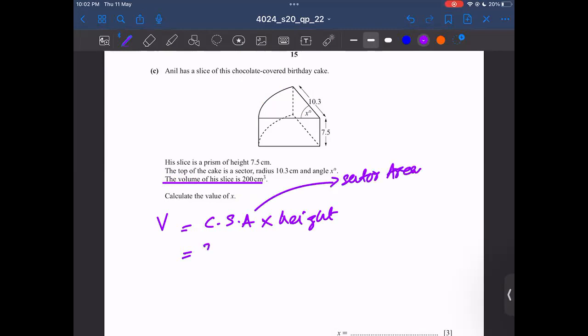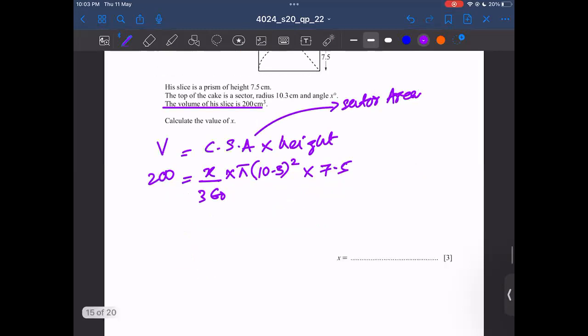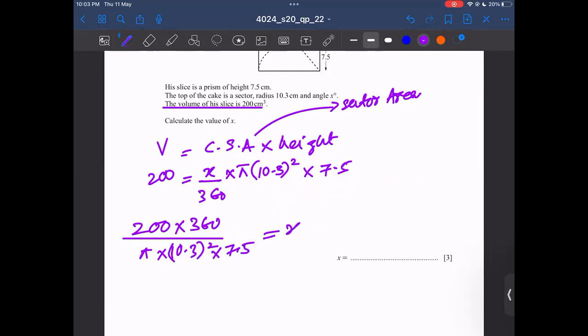The sector area formula is theta upon 360, where the value of theta is x, so x upon 360 multiplied by pi r square. The value of r is going to be 10.3. You've got the cross section area, multiplied by height 7.5. Volume over here is given as 200 centimeter cube. The only thing left is x. So we are going to cross multiply: x is 200 multiplied by 360 divided by pi into 10.3 whole square into 7.5. You'll get the value of x.